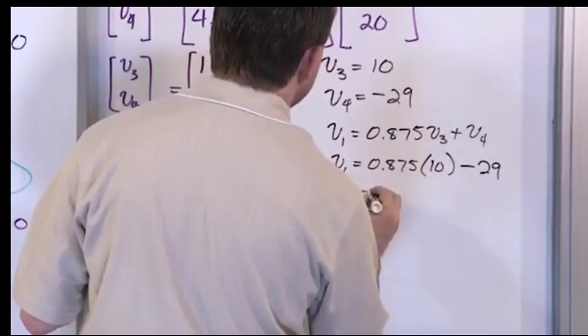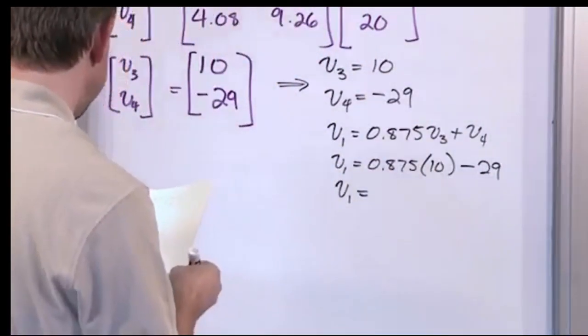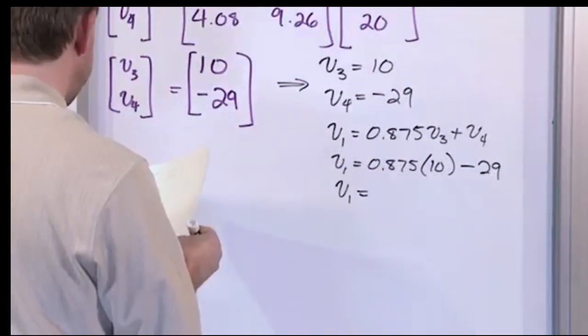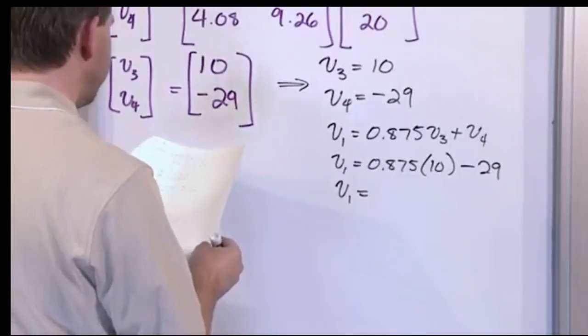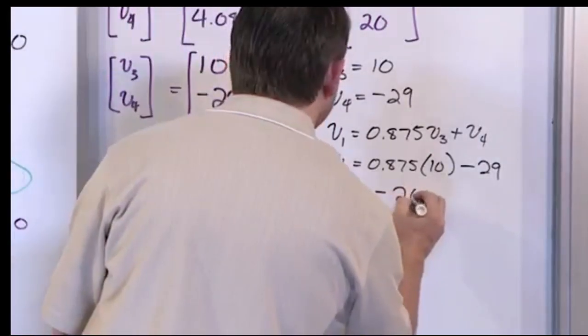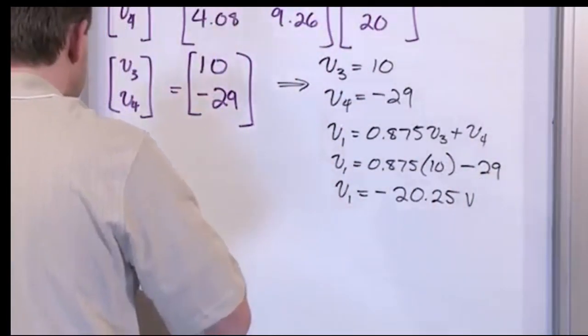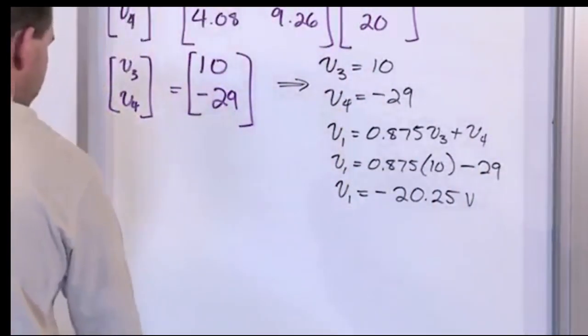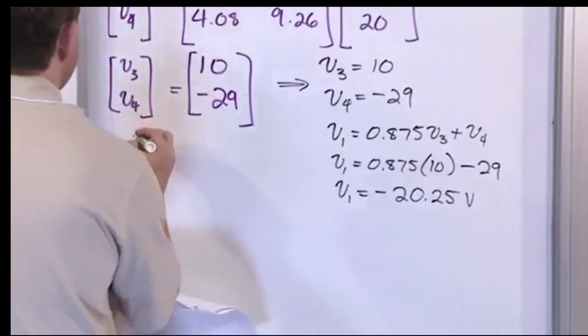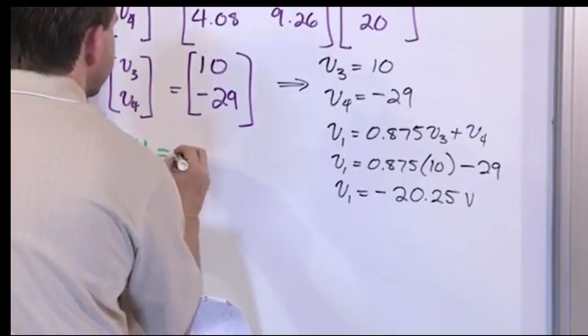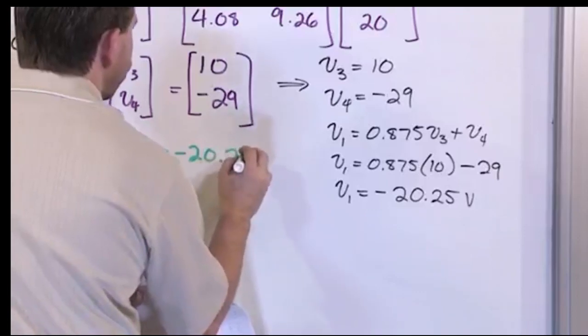When you multiply by 10 and then subtract 29, what you're going to get is negative 20.25 volts. So, just to summarize, node voltage 1 is negative 20.25.